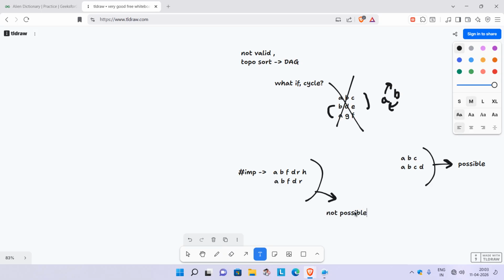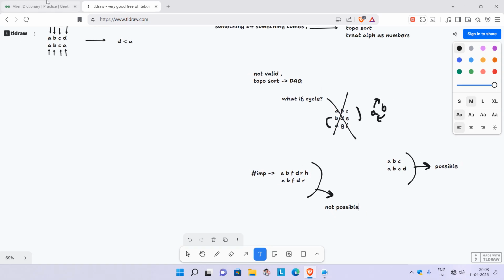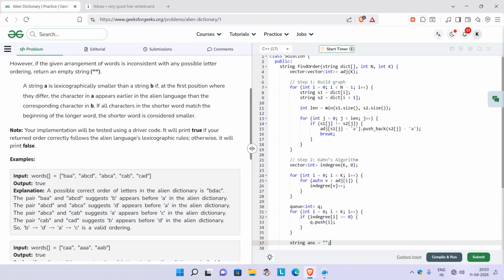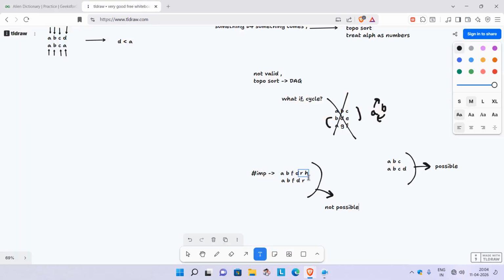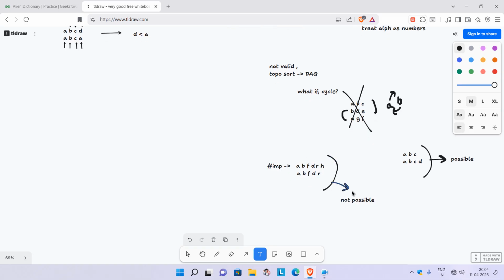And why is it not possible? Because when we are traversing here, A, B, F, D are the same. Now we come to H, and since we have to go only to the minimum length, it doesn't track H, so it doesn't give me any ordering information, and it is not possible here. So there are two cases here, either this or this. If there is no mismatch, we simply ignore.